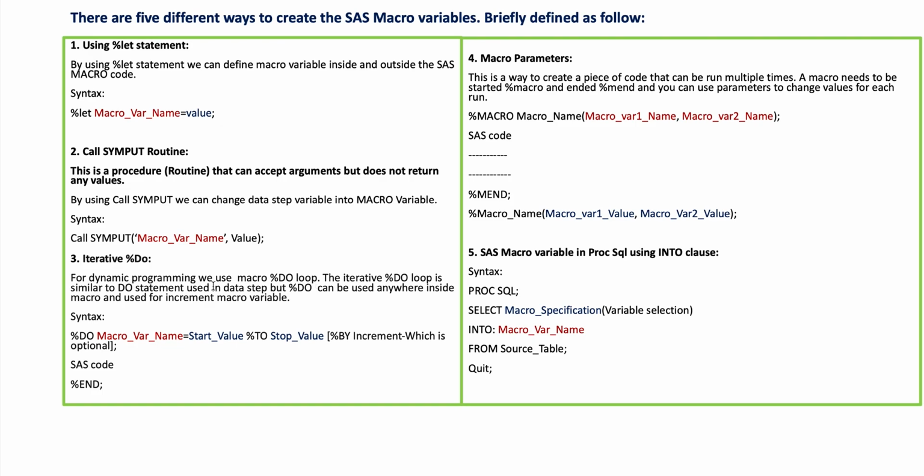Syntax is given here. %do, macro variable name we have to provide here, equal, starting value, %to, stopping value, where start value represents the starting value of the macro variable, stop value represents the stopping value of the macro variable, and sometimes we use an increment step, that is %by increment value, which is optional.